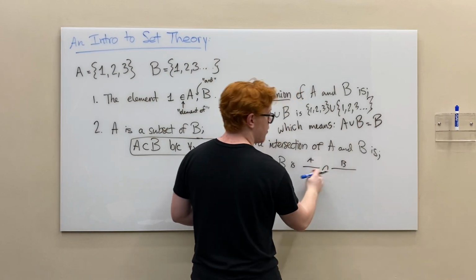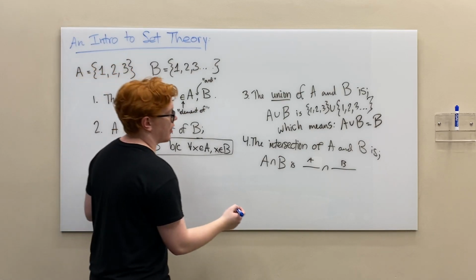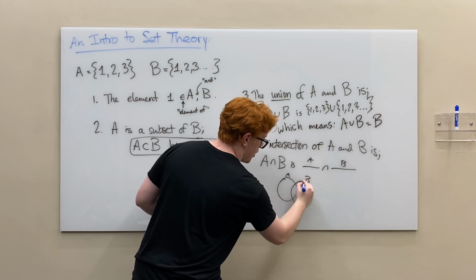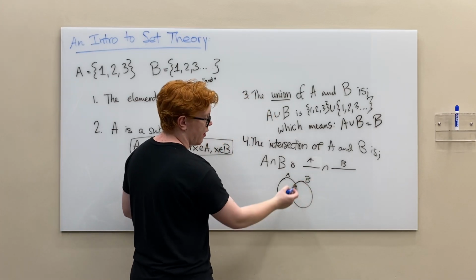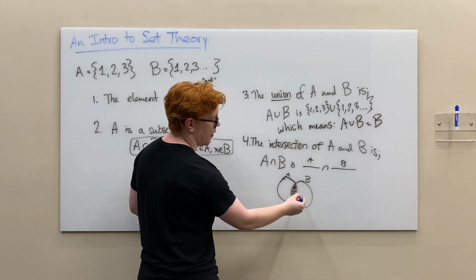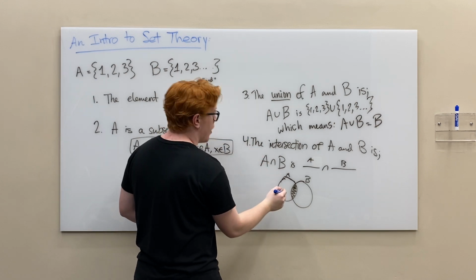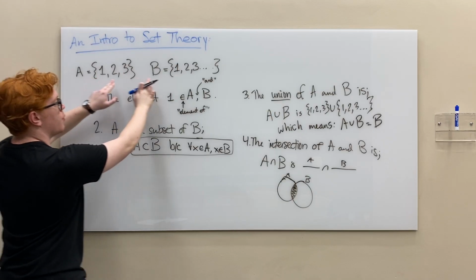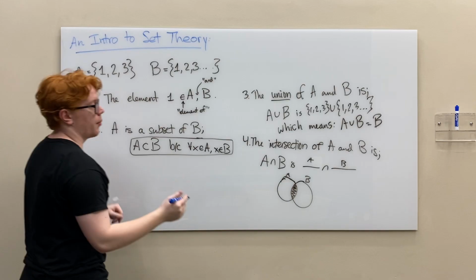An intersection is, you can think of it as like a Venn diagram. If this is A, and this is B, we're looking for right here. That's the intersection. The union would be everything in these two circles together. A has 1, 2, 3, B has 1, 2, 3, and a bunch of other stuff. So this is all that they have in common.